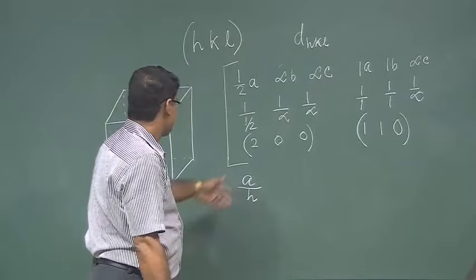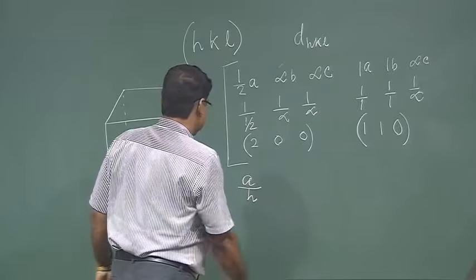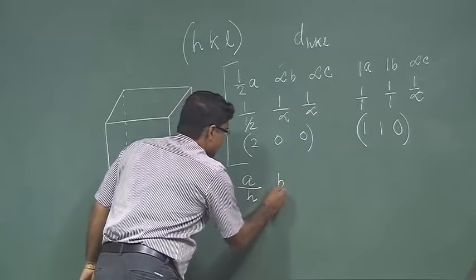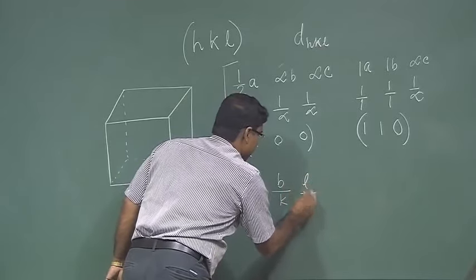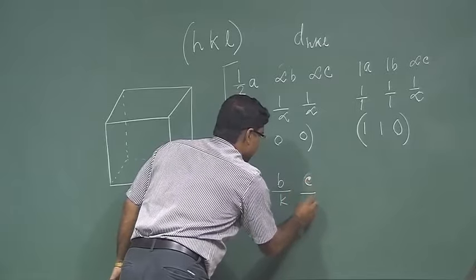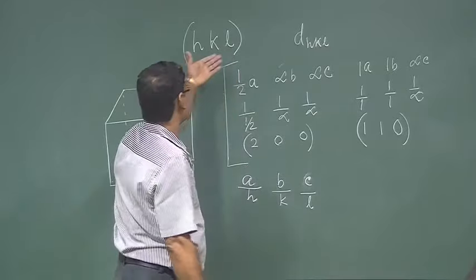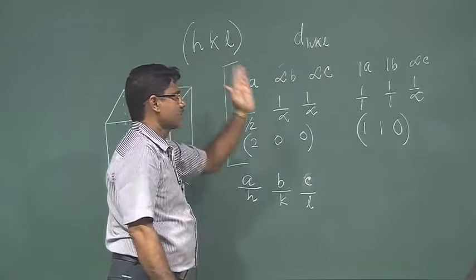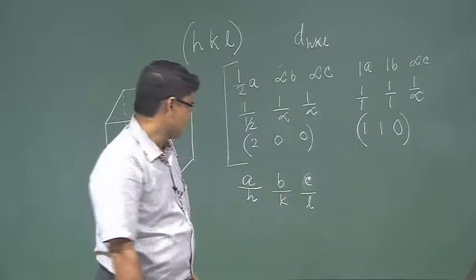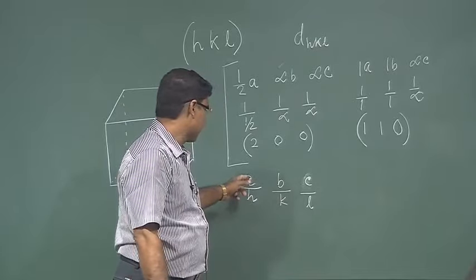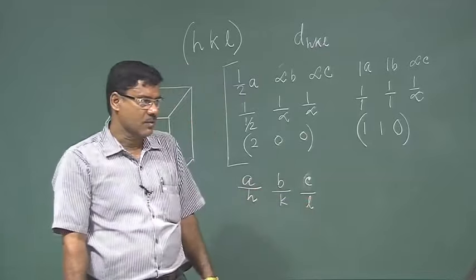Okay. So thus it intersects the a axis at a by h, the b axis at b by k, and the c axis at c by l. So this HKL plane intersects the a axis, b axis, and c axis at a by h, b by k, and c by l distance from the origin.